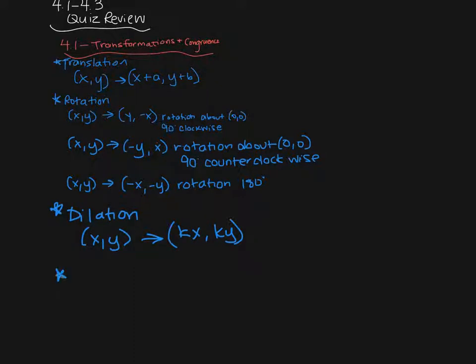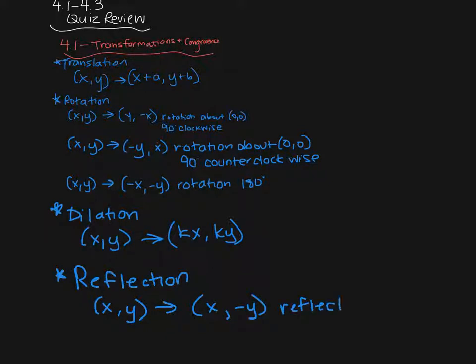And then the real last one, reflection. So for the reflection, you're changing the sign on just one of them. So if I have x, y, and it becomes x, negative y, that's a reflection over the x-axis.